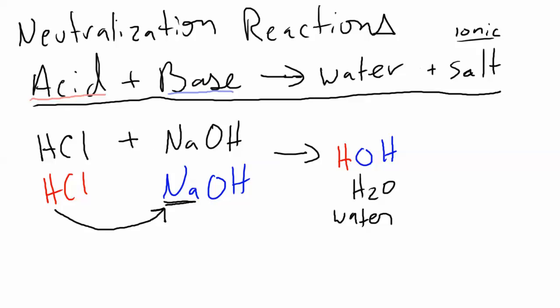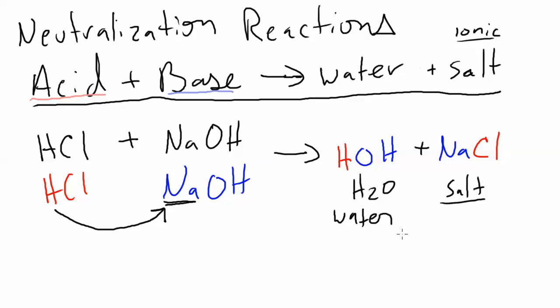And so what's left over? You've got the sodium from the base, and you have the chloride from the acid. And so you get the ionic compound sodium chloride, which is a salt. It's a metal with a nonmetal. We call those a salt.